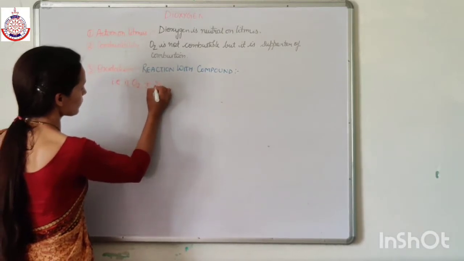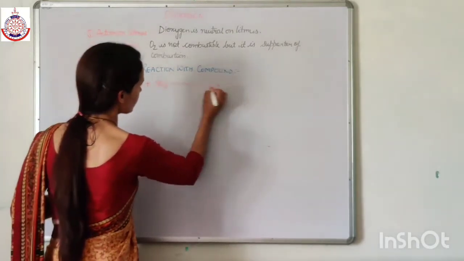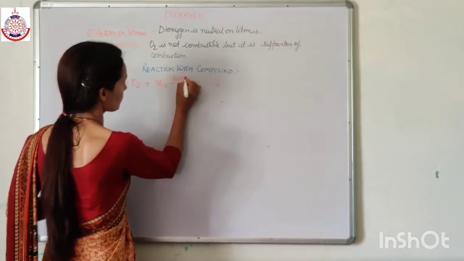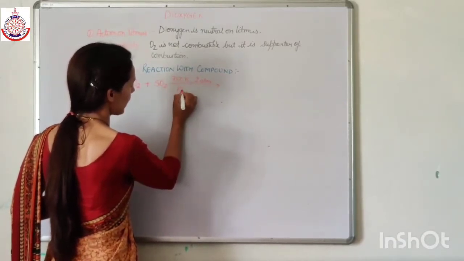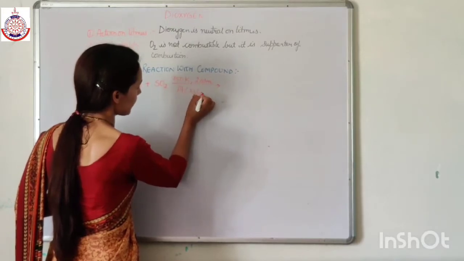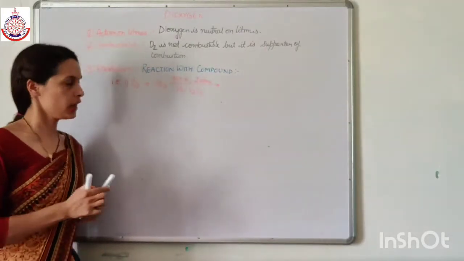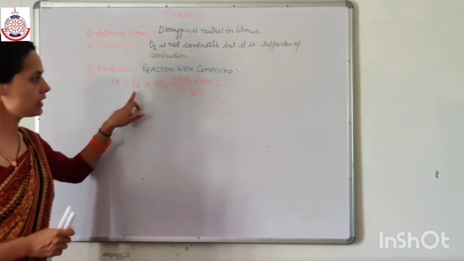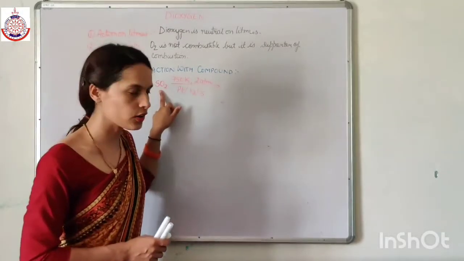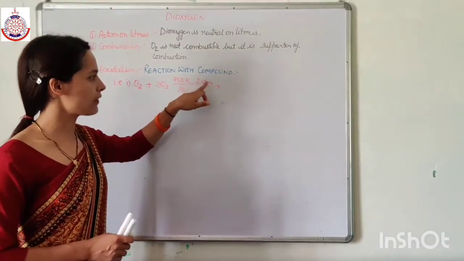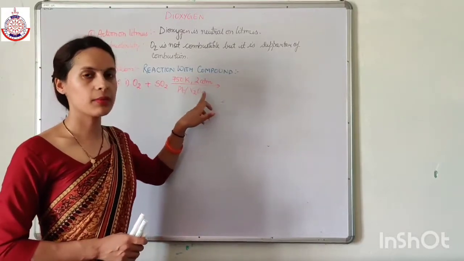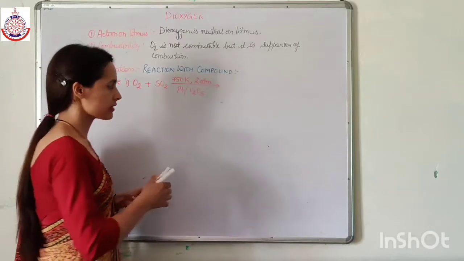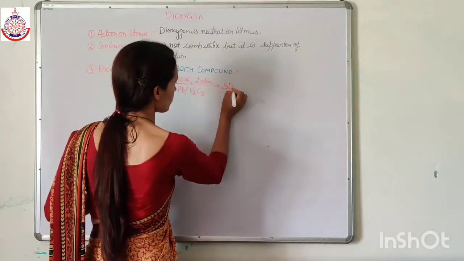O2 reacts with SO2 at 750 Kelvin, 2 atm in the presence of platinum and vanadium pentaoxide as a catalyst, and then we get SO3.